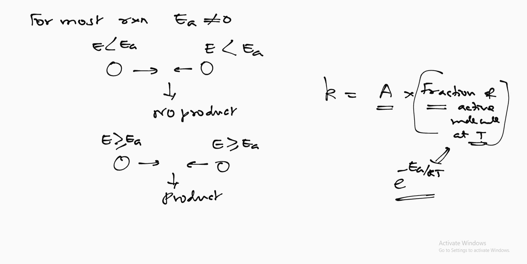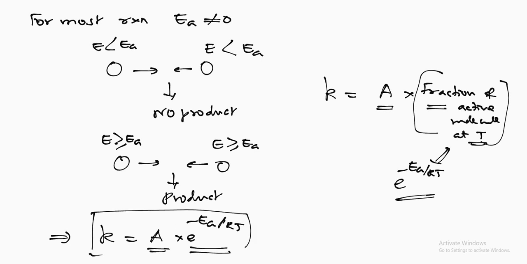Only active molecules, if they undergo collision, will give product. So this is the meaning of the Arrhenius equation: K equal to A into e power minus EA by RT. The term A will take care of the number of collisions, and this term will give you the fraction of active molecules present at temperature T in the reaction mixture.